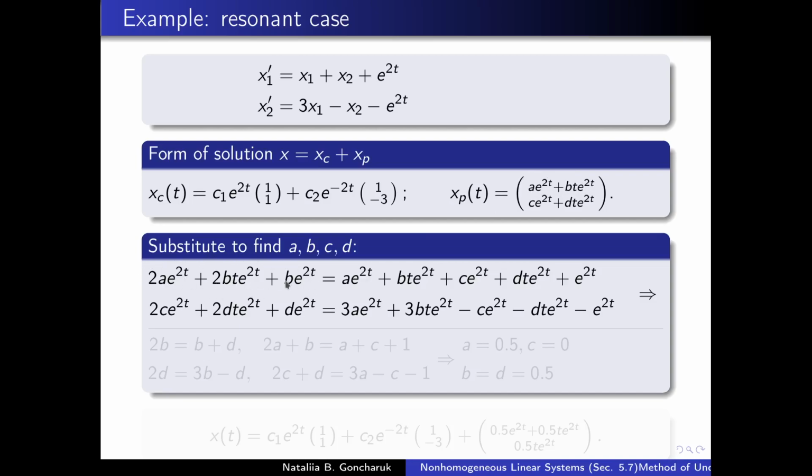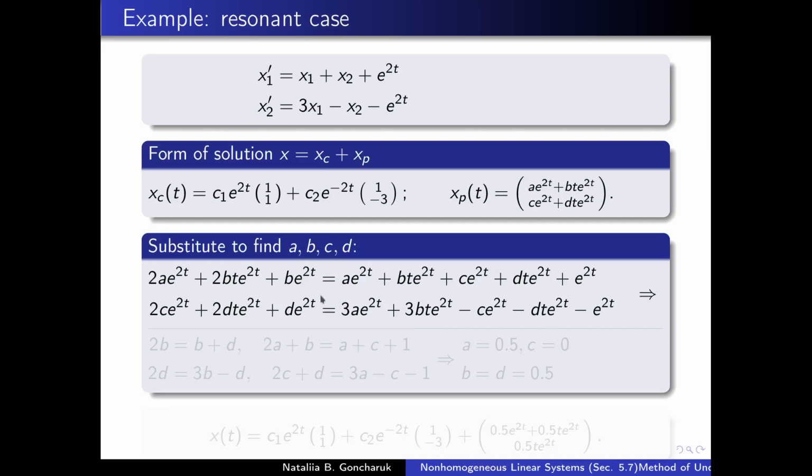It has 3 summands because I have to differentiate b t e to the power 2t. That's what I get. And then this is my x1, this is my x2, and this is e to the power 2t. So this is my first equation. I just substituted my xp. And I do the same with the second equation.